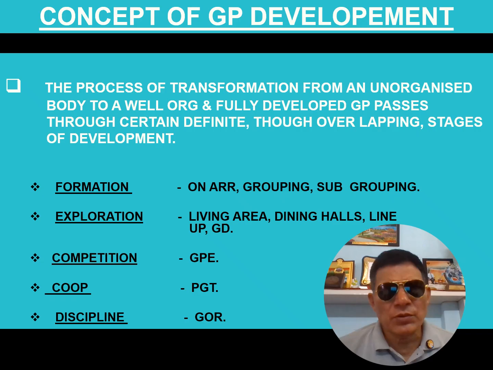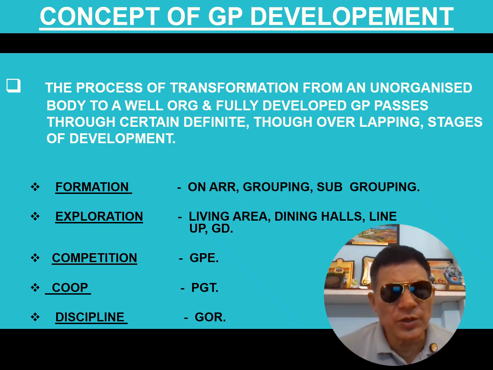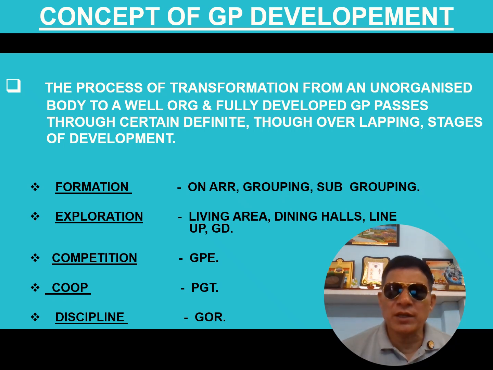Now we learn about concept of group development. Gentlemen, the process of transformation from an organized body to a well organized and fully developed group passes through certain definite, overlapping stages of development. That is, formation is on arrival, grouping, subgrouping is carried out there.